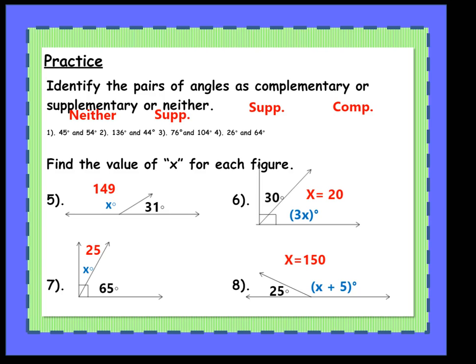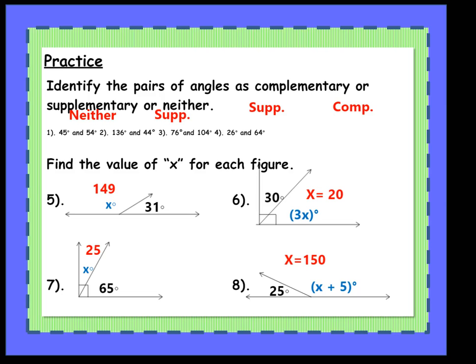Same thing here. For number 7, they just did x plus 65 equals 90. Then they just subtract 65 from both sides and you're left with x equals 25. On number 8, that's similar to number 6. So now we're back to a straight line, so we now know that they are supplementary.